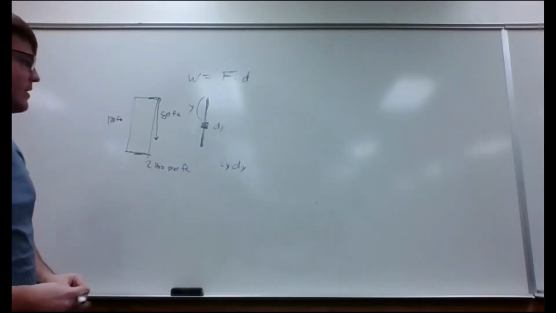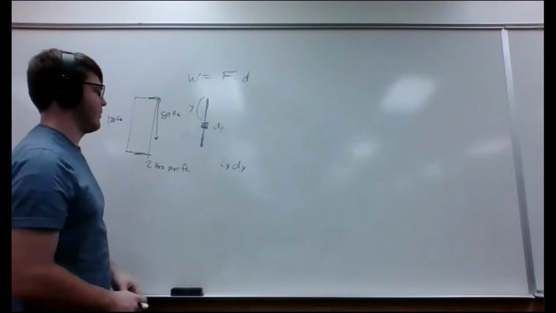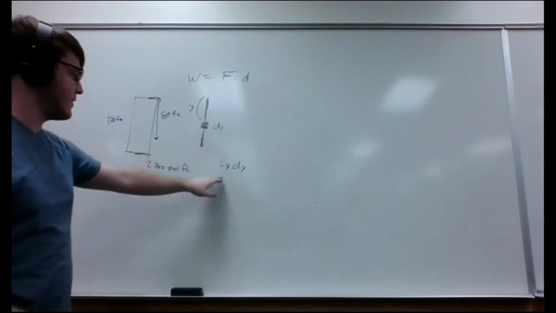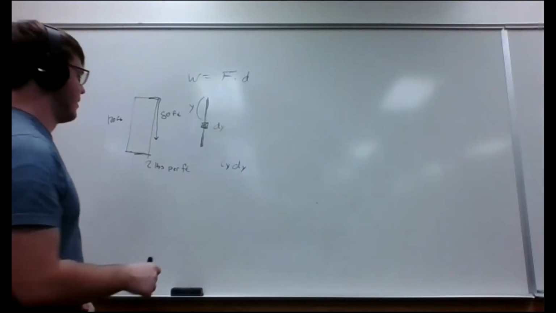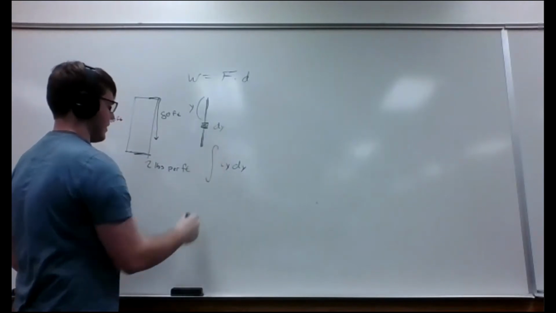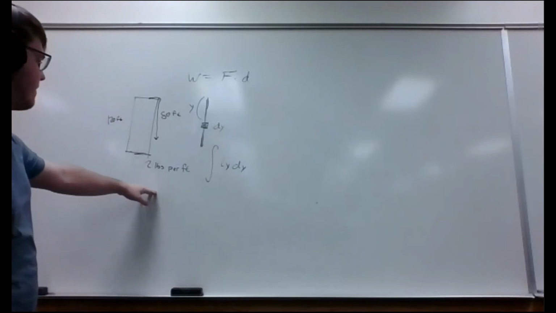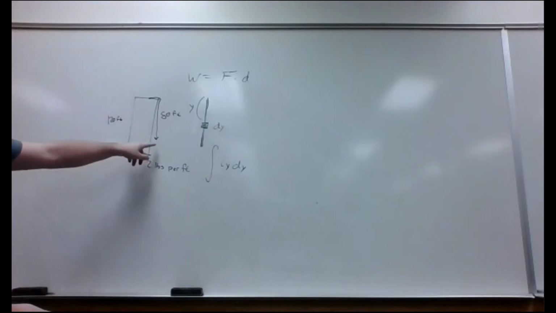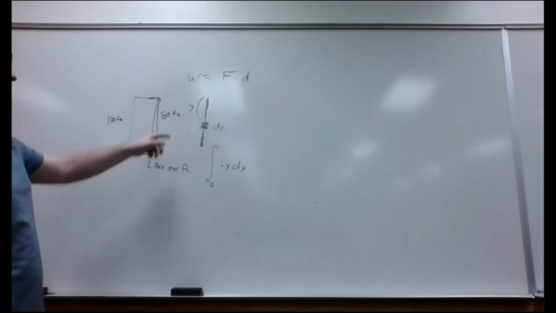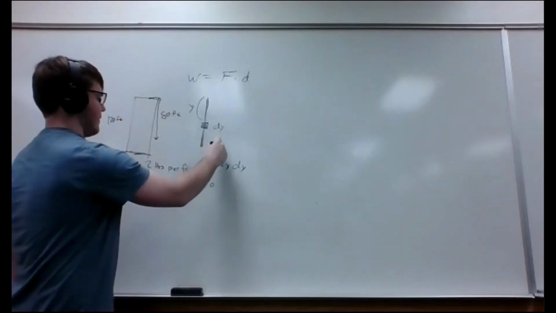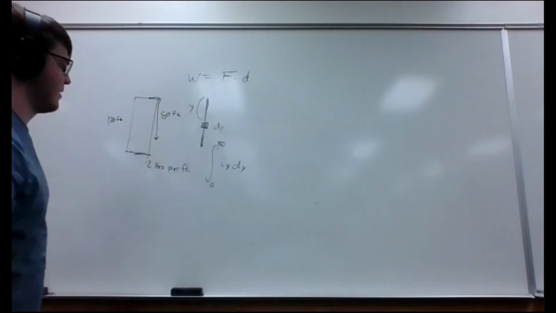And this is where the integral comes in, where we can say we're going to take an integral and we're going to take all these little pieces and add them up into one, right? So we're going to take our integral and our bounds of our integral, right? So we start at 0, but we're going to pull 80 feet of rope, so we're going all the way to 80.